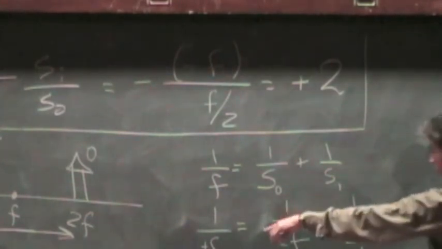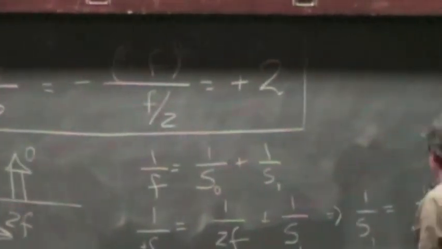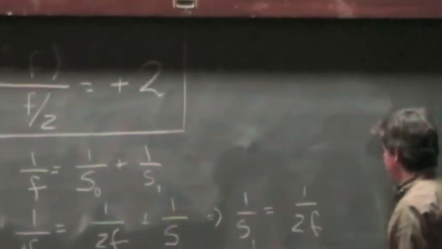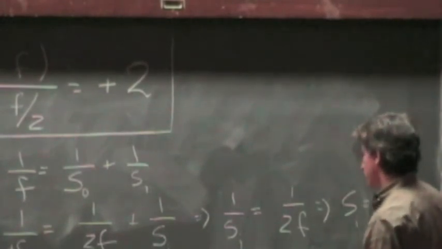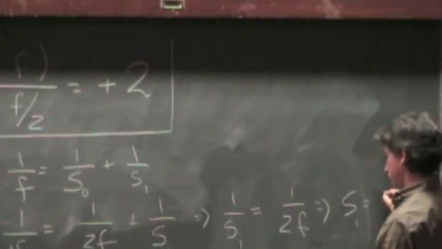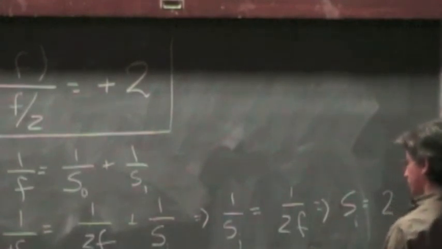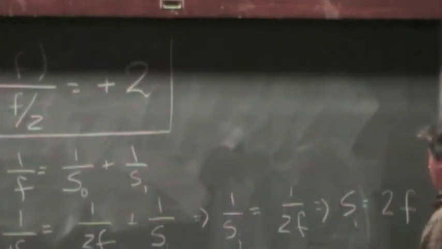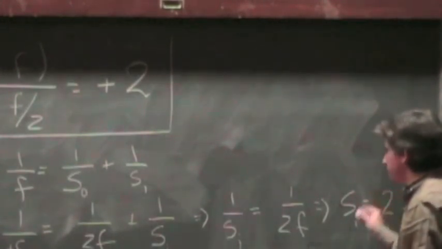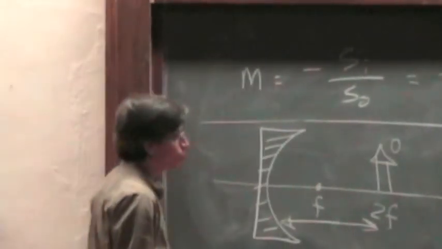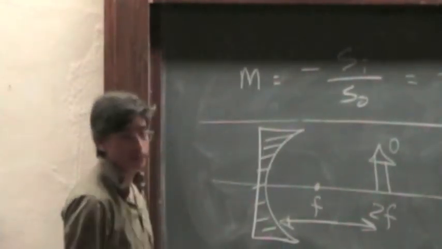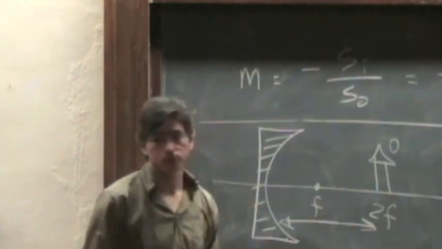So that is 1 minus a half, that's 1/2. And f is over here. Right? So the distance of where the image is located is a distance 2f from the mirror. Now notice that you got a positive number there.